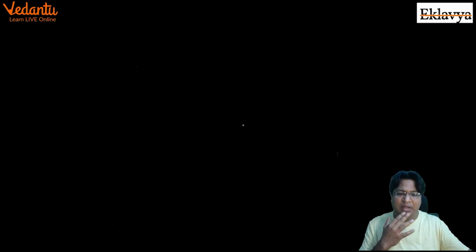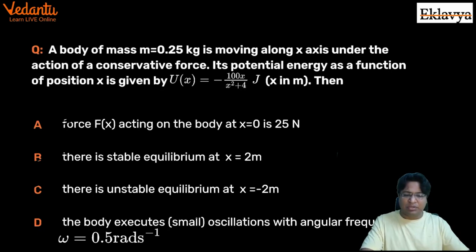So 1600 divided by 104 square, and root of this. So omega comes out to be 0.384 radian per second, and the option is talking about angular frequency of 0.5. So this is not correct.